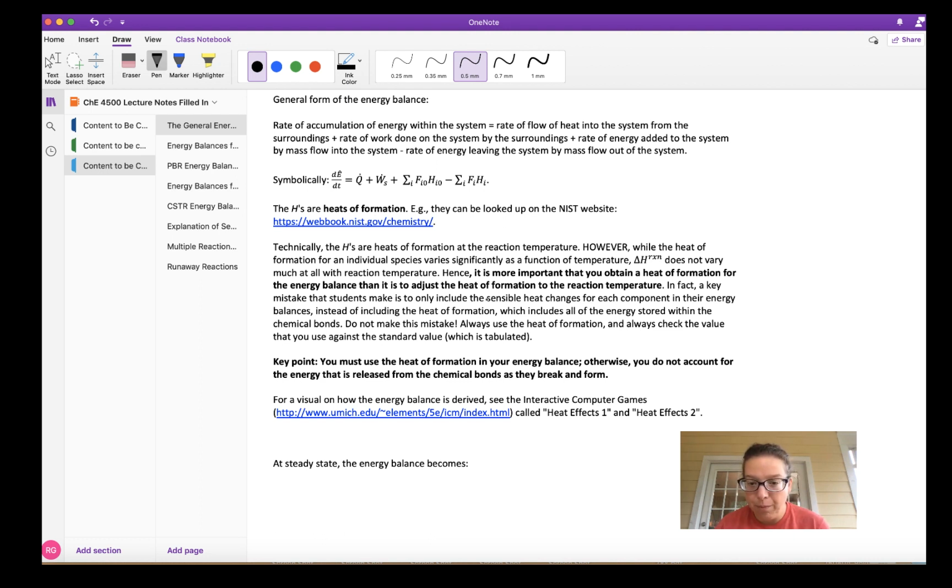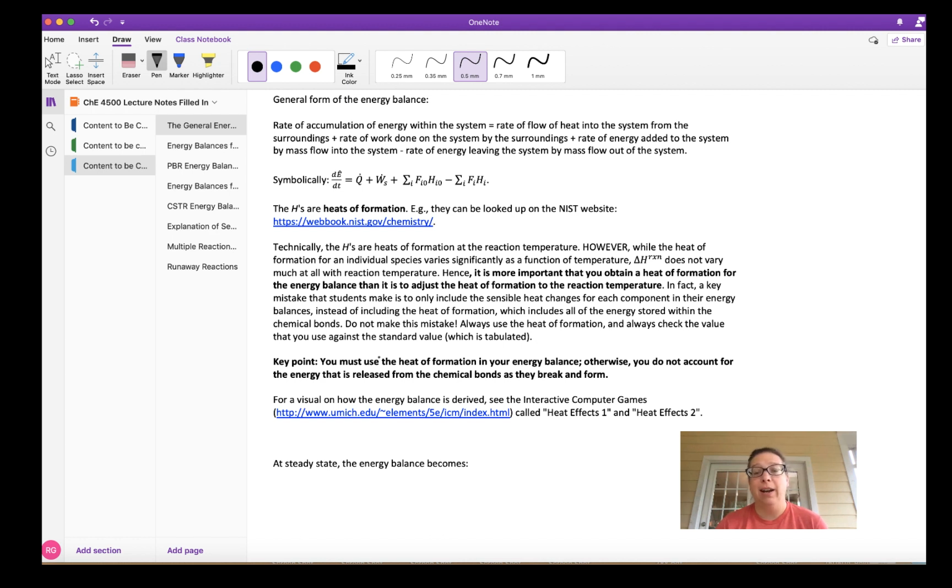So make sure that when you insert these heats of formation into your energy balance that you are using the heat of formation. Check the magnitude of the value against the standard value. It should be on the same order of magnitude and relatively close to that value.